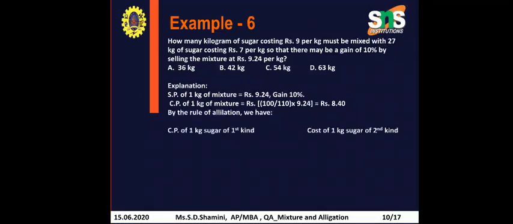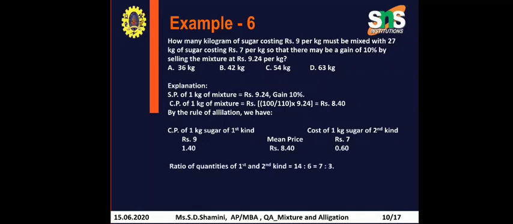By the rule of alligation, let the cost price of 1 kg of sugar of the first kind be on the left hand side, and the cost of 1 kg of sugar of the second kind be on the right hand side. So the first kind's cost price is 9, the second kind it is rupees 7, and the mean price is rupees 8.4. So 8.4 minus 7 gives 1.4, and 9 minus 8.4 gives you 0.6.